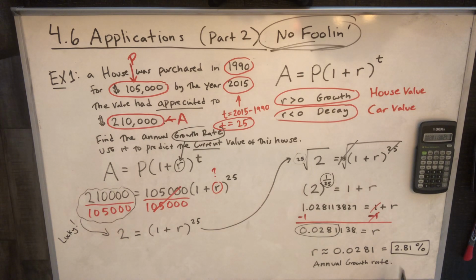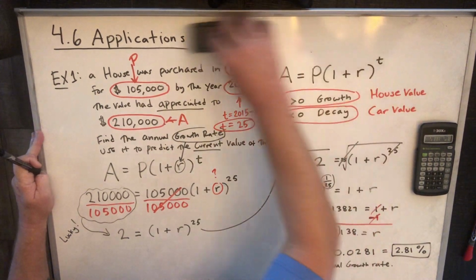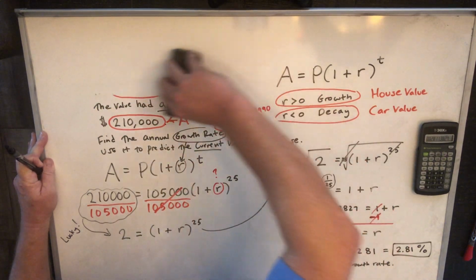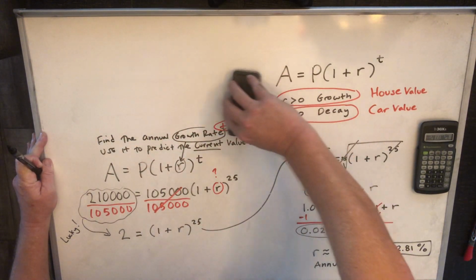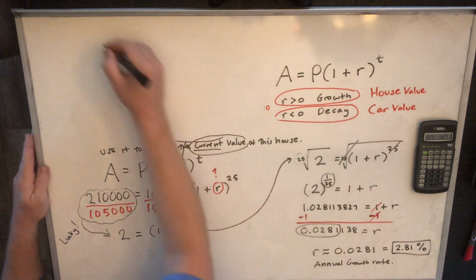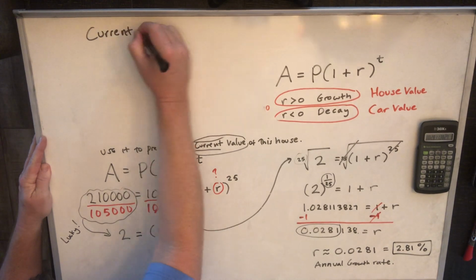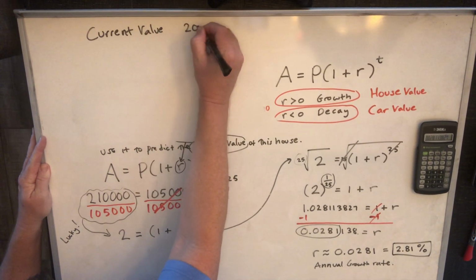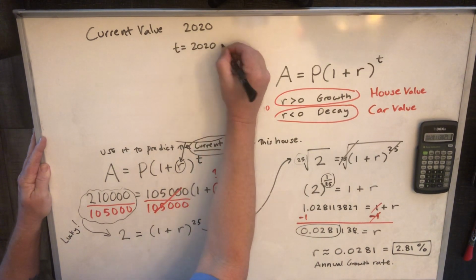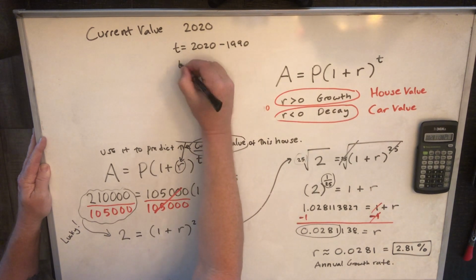So now that we have the growth rate, assuming that all things remain the same, which is not 100% accurate, but for this particular chapter, we can idealize a little bit and assume that everything remains the same. So to predict the current value, we got 2020. You're going to subtract the year you purchased the house, which was 1990.